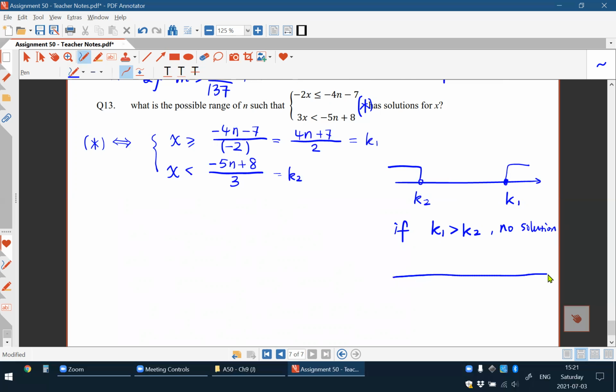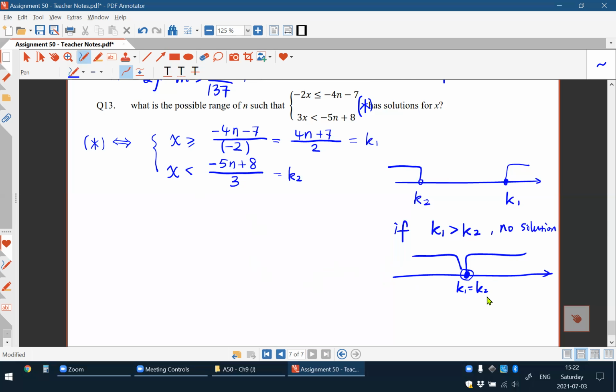So let's consider this. If K1 equals K2, they are actually on the same point, right? First of all, x is greater than or equal to K1, so x must be to the right-hand side of K1 or K2, right? Second of all, x must be smaller than K2. Remember that K2 is also here, so x must be smaller than K2, which is here, right? So under this circumstance, are there any overlapped areas?